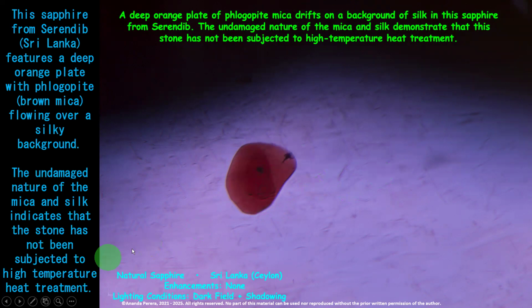The undamaged nature of the mica, see here, no damage there, indicates the stone has not been subjected to high temperature or heat. So it is natural. The environment also gives us evidence, no changes in the natural birthmarks. The lighting condition here is dark field plus shadowy. Shall we move to the next?